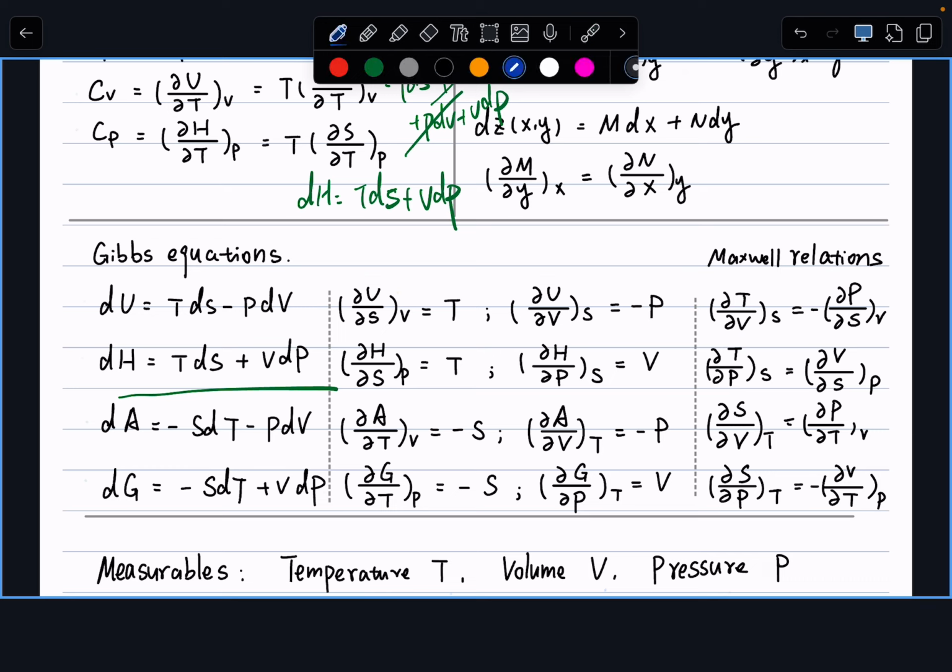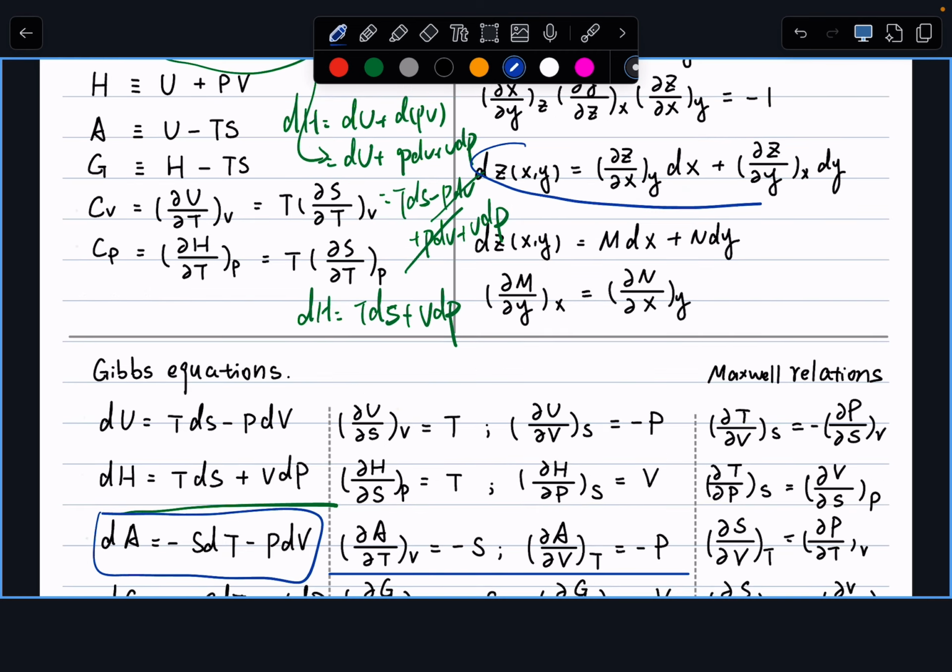For example, this one. Now, if we want to convert your original Gibbs equation into these relationships, what we're using is simply writing out the total differential of your Helmholtz energy as a function of T and V, right?